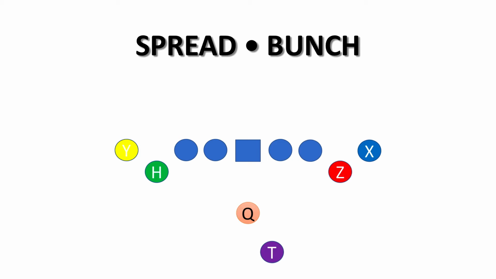The H and Z's front foot lines up on the X and Y's back foot. And the splits, this split right here and this split right here, is 1 yard.